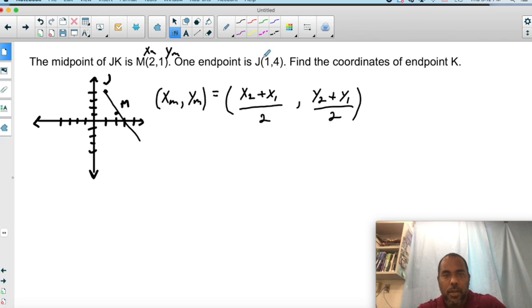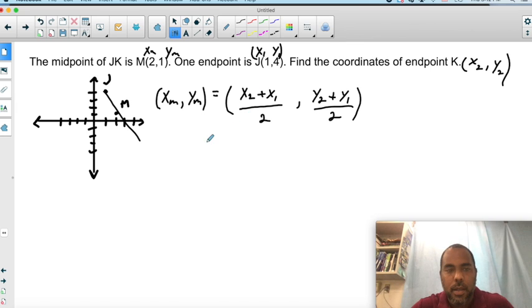One endpoint is at J, x1, y1, and then the other endpoint is at K, some other place, x2, comma, y2. So now that we have our formula in this form, we can worry about the x's and just worry about the y's and do it in two different pieces. That's why there's a comma there. We're going to find this number and find the y value number.